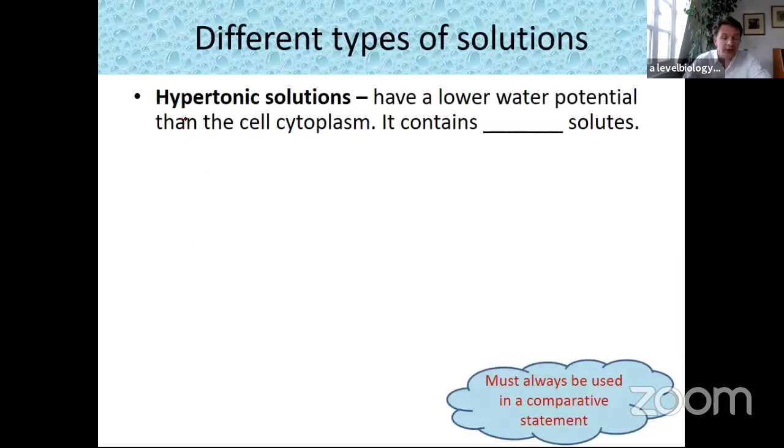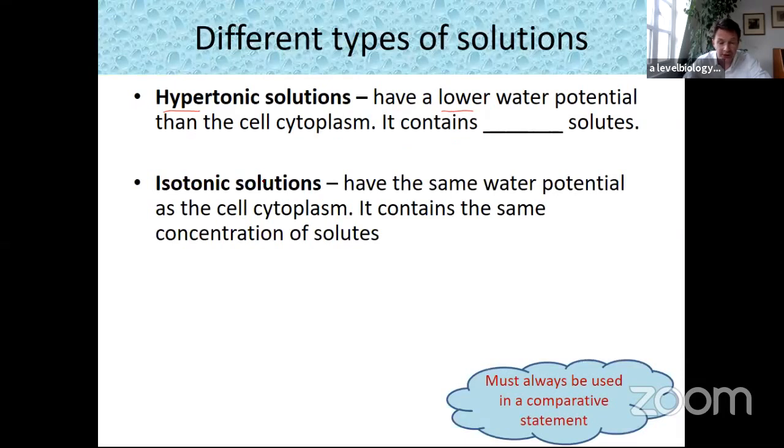We've got a concept of hypo, iso, and hypertonic. These are all relative to the cytoplasm of the cell. A hypertonic solution will have a lower water potential because it contains more solutes than the cell cytoplasm. An isotonic solution will have the same water potential.